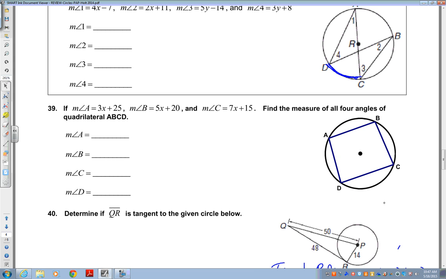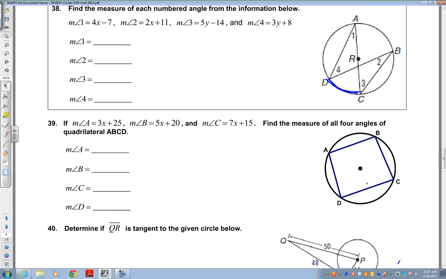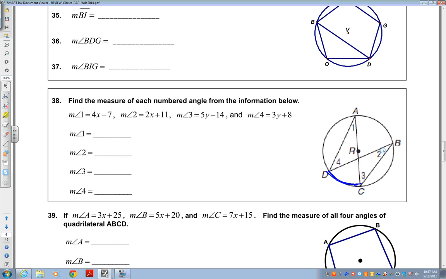Okay, so you're definitely going to have a quadrilateral inscribed in a circle. Do we need to address this section, 39? I don't think so. All right. Probably 38. And what I did was I said, look at angle 1, because I want you to find angle 1 and angle 2. So I look at angle 1. What arc goes with angle 1?